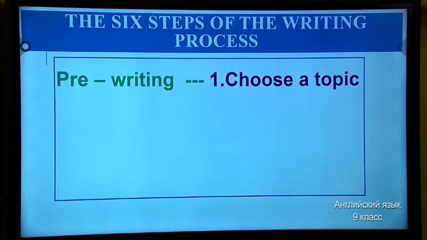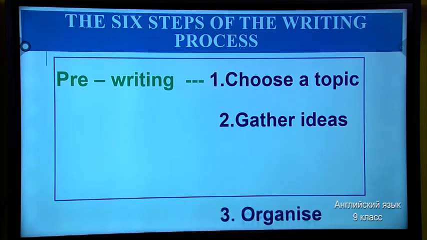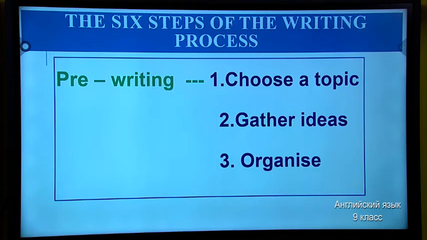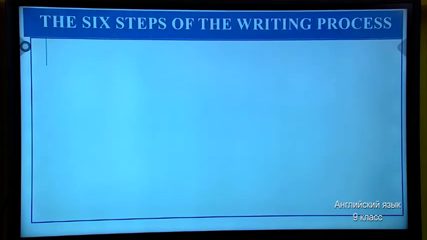First one, you have pre-writing. For pre-writing, you should choose a topic. So, next one, it is gather ideas. You should gather all your ideas in one place. So, third one, it is organize. Now, the next step is drafting.